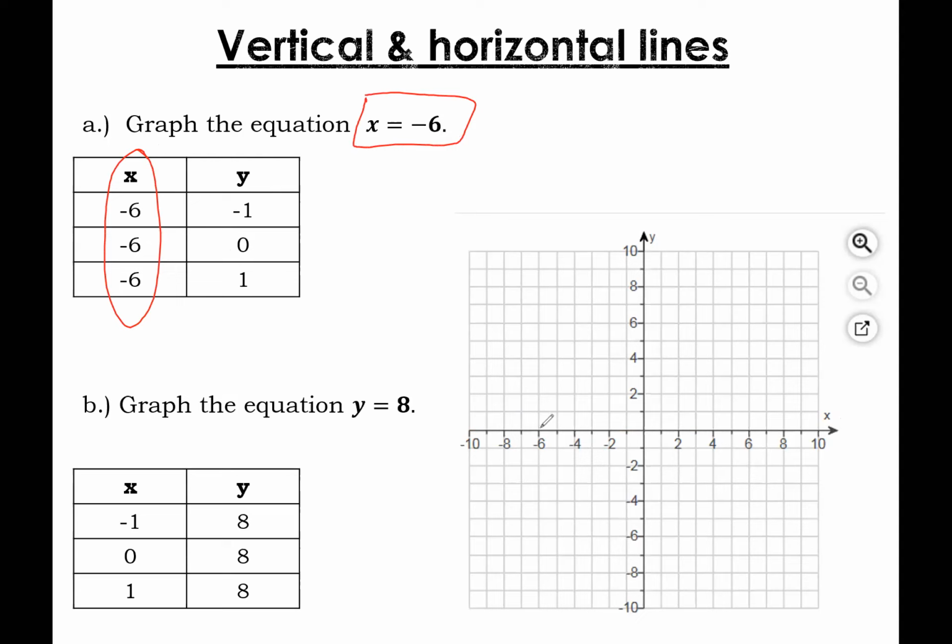One of the points on the line is over here at -6, 0. That's the x-intercept. We just need at least one more point, and maybe 2 or 3 more: -6, -1, -6, 1, -6, 2, -6, 3.